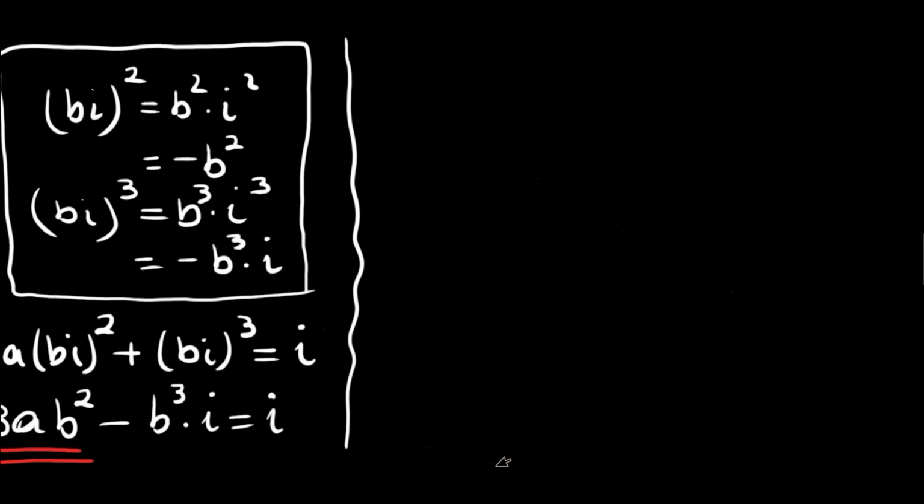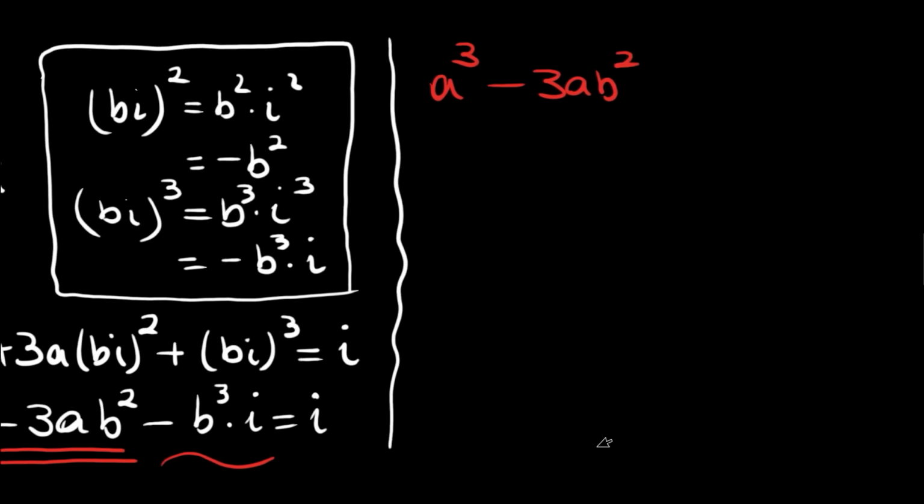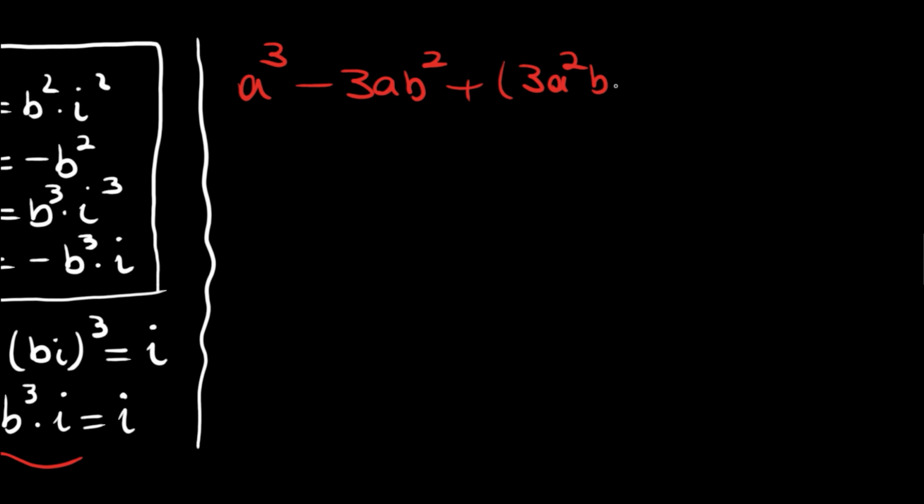Let's write this too. a cubed minus 3a b squared is the real part, and the imaginary parts are 3a squared bi, which is 3a squared b, minus b cubed, times i is equal to i. That's it. We have found the final equation here.